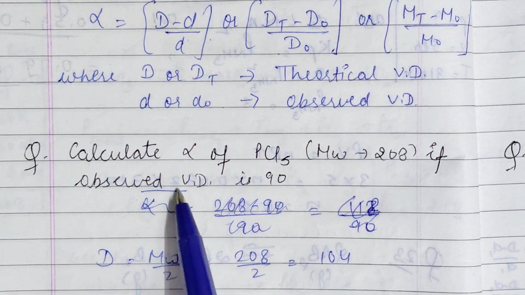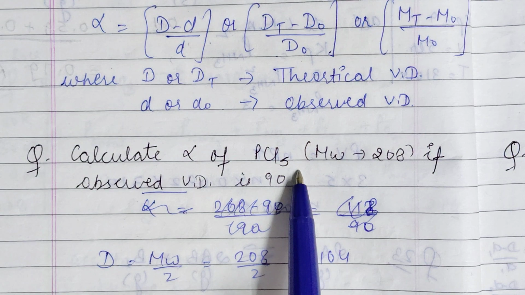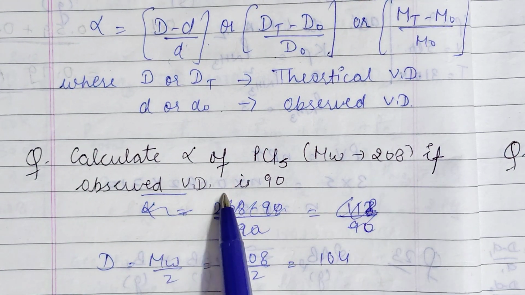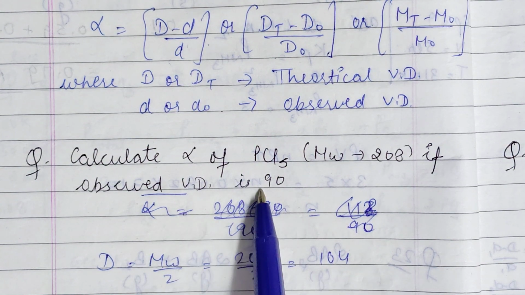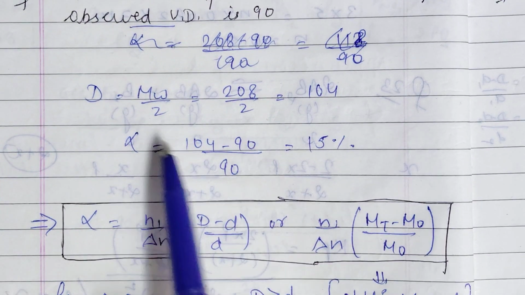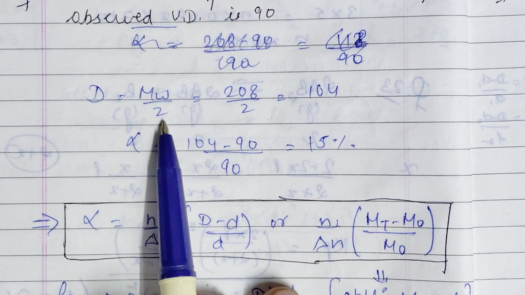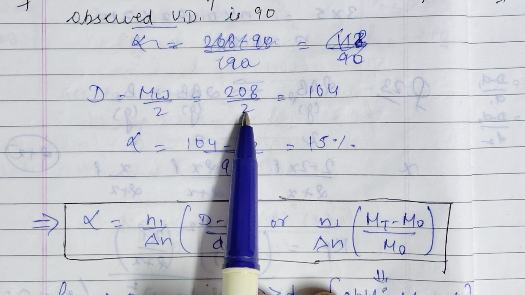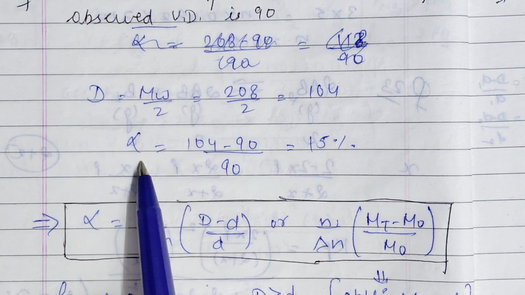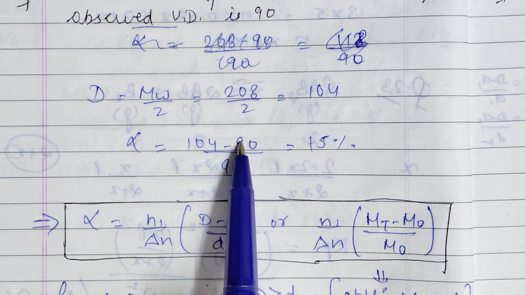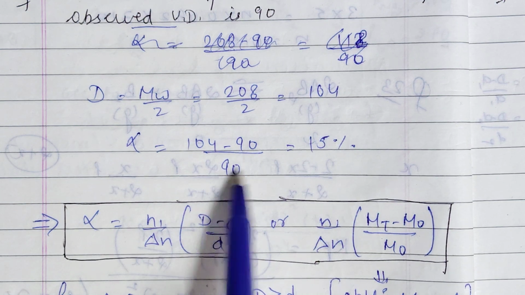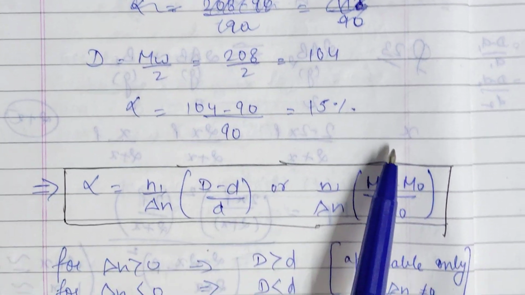Now the question is to calculate alpha for PCl5, molecular weight 208, if observed vapor density is 90. Solution: D equal to molecular weight upon 2, so 208 upon 2, 104. Alpha is 104 minus 90 upon 90, it gives 15%.